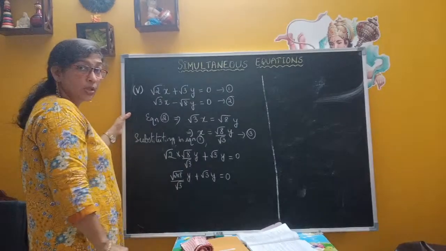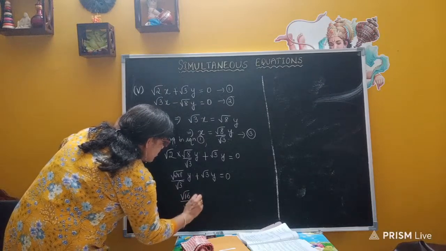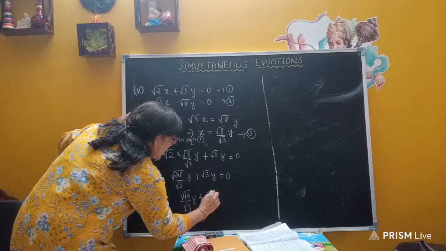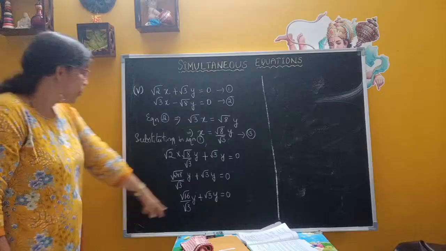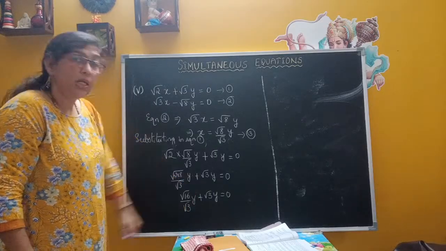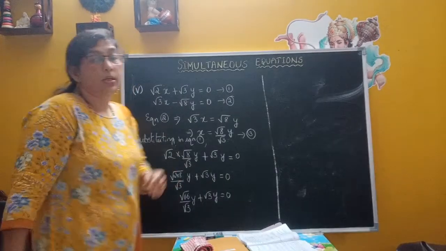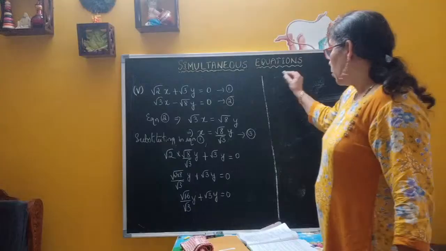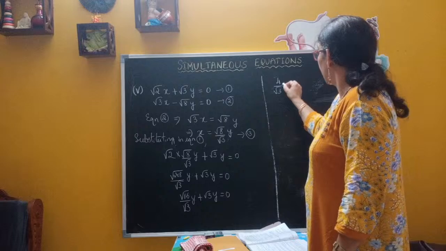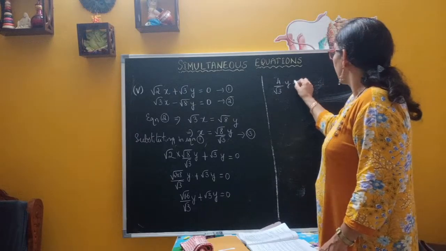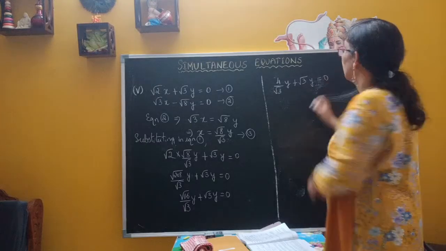Root 16, how much? It is 4, because 4 square is 16. So we get 4 by root 3 y plus root 3 y is equal to 0.